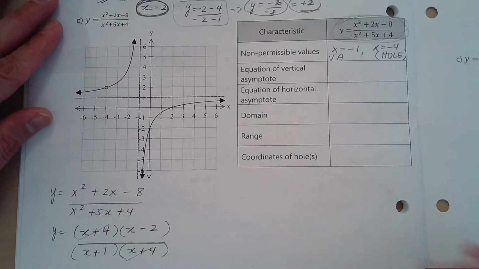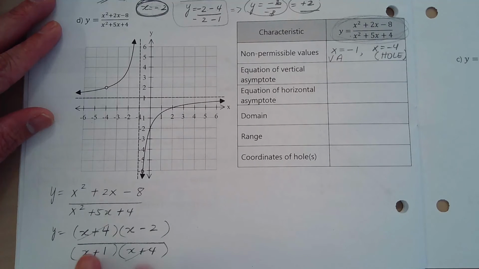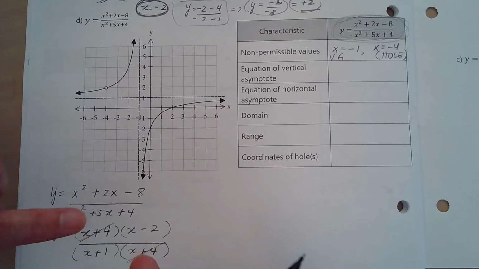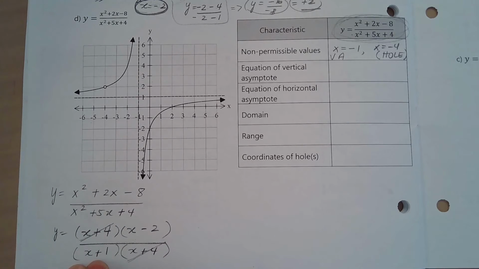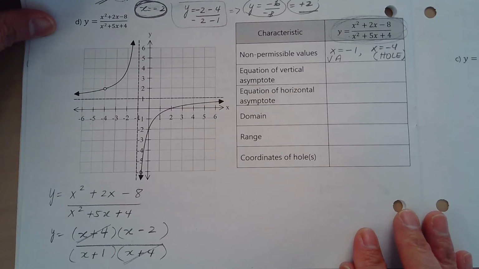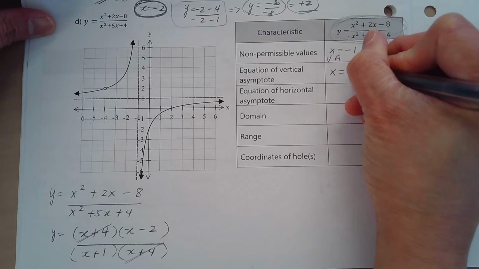Since x plus 4 cancels, there's a hole at that particular point, and this one here is a vertical asymptote. So vertical asymptote would be x equals negative 1.